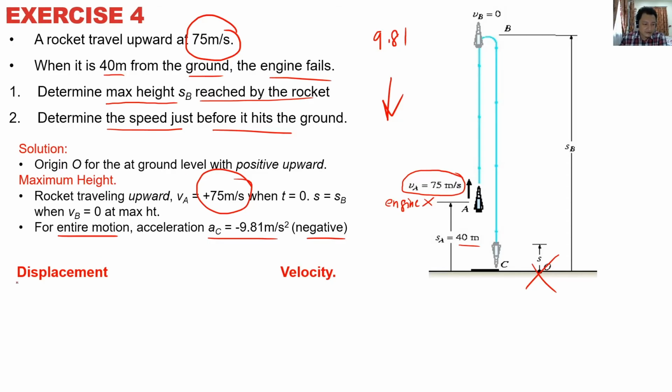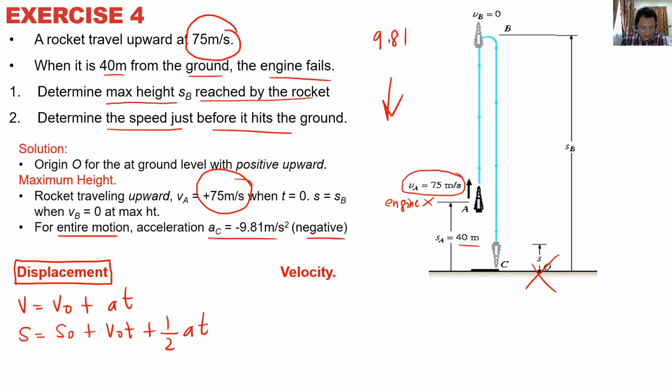So number 1, we need to find the displacement. What equation can we use? We can use V is equal to V naught plus AT. Second equation, S is equal to S naught plus V naught T plus half AT squared. And final equation number 3, V squared is equal to V naught squared plus 2A(S minus S naught).